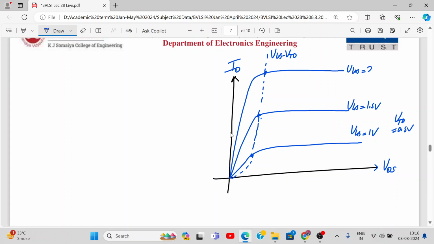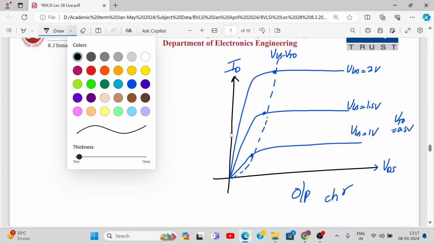VGS equal to 2 volt. So this point will go on shifting ahead a little bit. Here. Here. So if you join all these points, you will get the VGS minus VTO locus. Here it will be like this. Okay, like this. So this is the output characteristics of MOSFET.